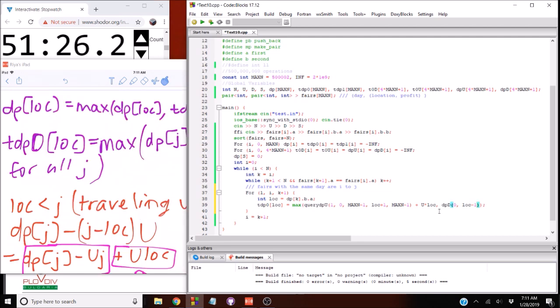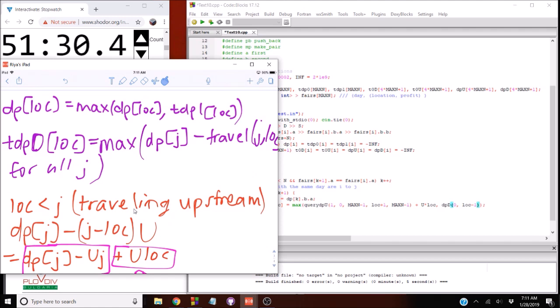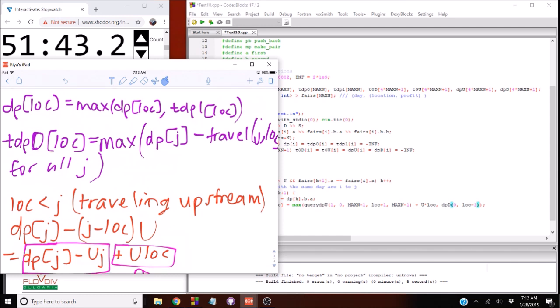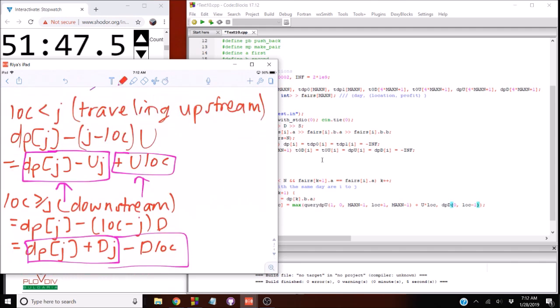So this is dpj minus travel, right? So if it's equal, then it would be 0 travel. So we have to include the case that it equals somewhere. Let's just put it here because we didn't code this one yet. This thing will load. There we go.